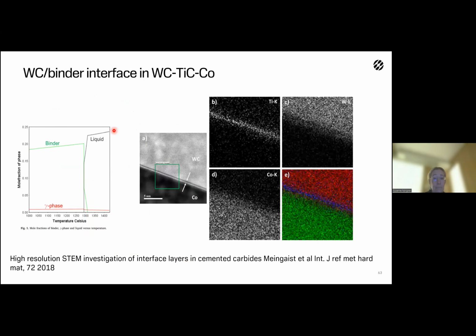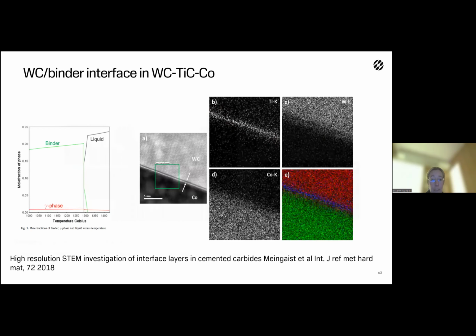And here we go back again to looking at the titanium at the interface between cobalt and tungsten carbide in the material with titanium additions above the solubility limit. In this case, here is a high resolution image of the interface. We can see titanium atoms in dark here.